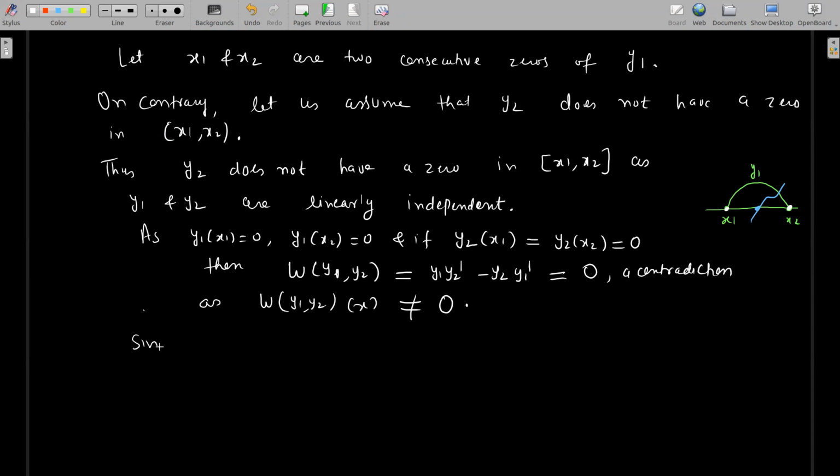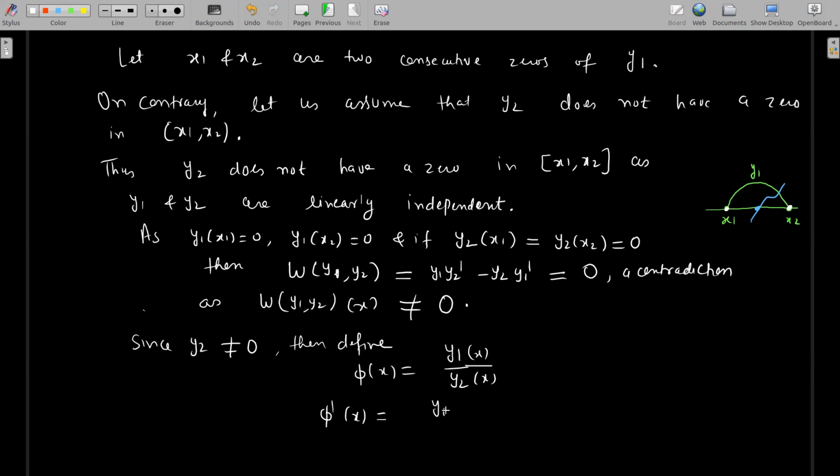So since I am assuming that y2 is not vanishing in that interval, so y2 is non-zero, so then I am defining a new function which is a ratio of y1 and y2. Since y2 is non-zero, so I can define it. ठीक है? Now differentiate it.